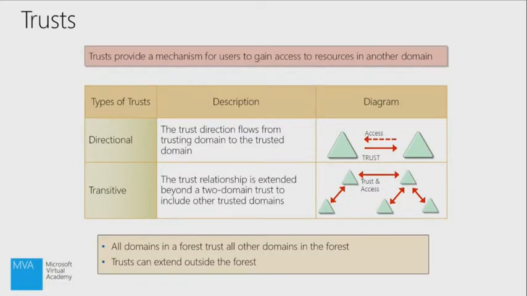Trusts, we've mentioned a couple of times. A trust provides a mechanism for users to gain access to resources in another domain. It's actually a pretty simple concept. If I'm in domain A, if I'm in contoso.com, and I want to access resources in domain B, na.contoso.com, in theory, that may not be possible.